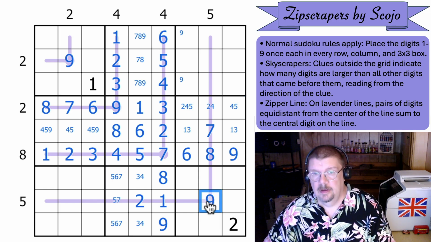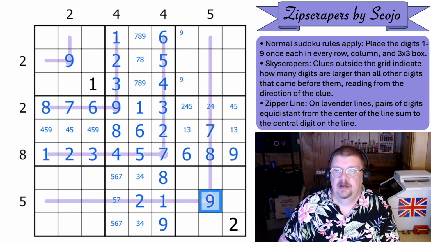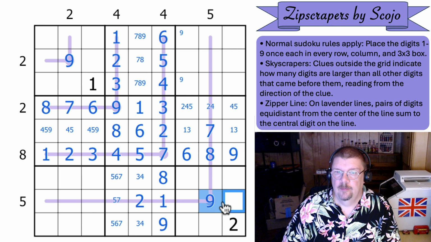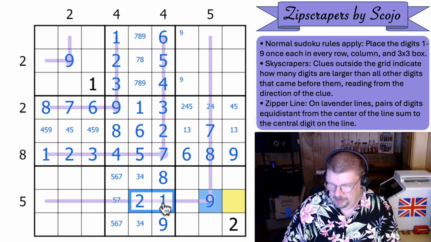So I am going to mark cells that are definitely seen with blue. So I do not see that one because it is behind the 9. This cell is definitely smaller than that, so those two are definitely not seen.